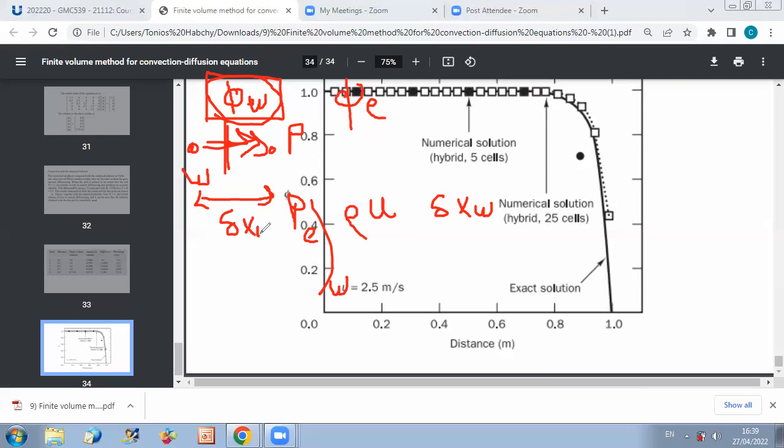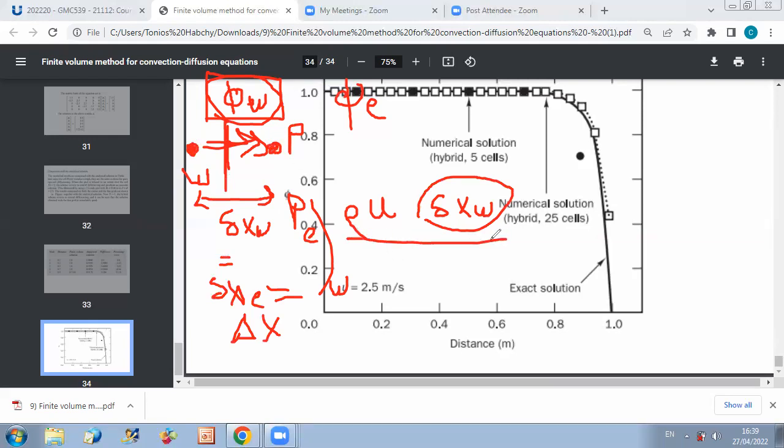If you have a uniform grid, it doesn't matter, because delta x west equals delta x east equals delta x of the cell. But in case you have a non-uniform grid, for this term you take the west face and the distance from point W to point P. Here it also depends: if I have constant diffusivity it is the same everywhere.